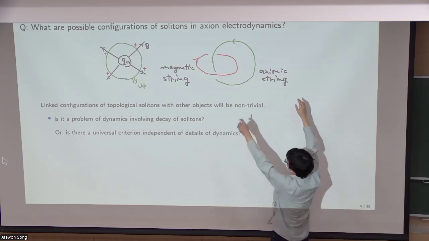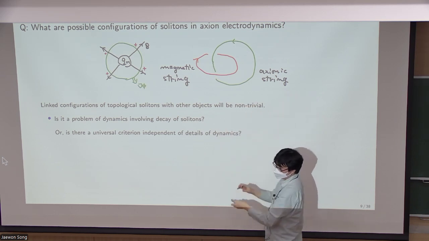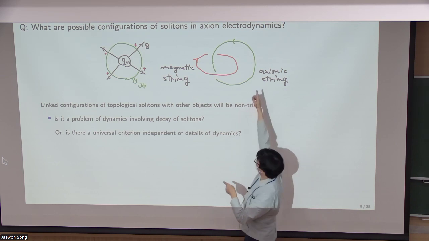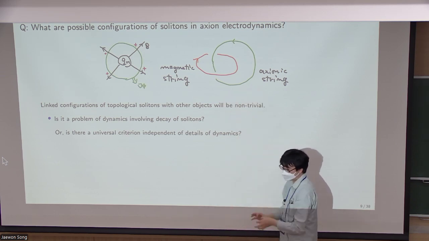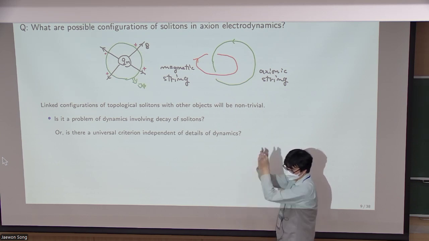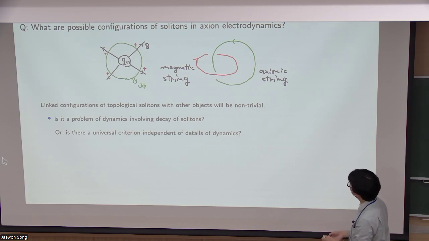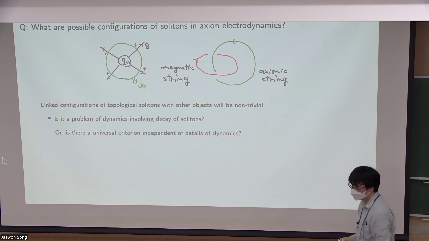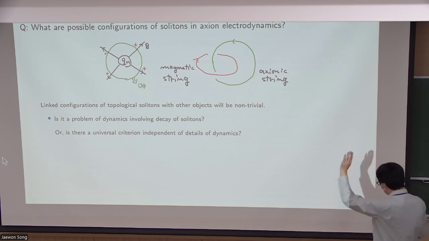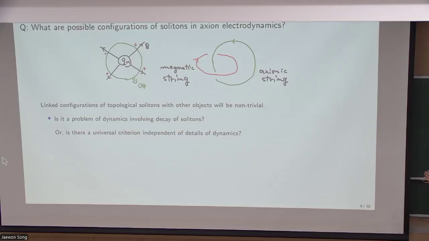So when we consider the time slice of this configuration, we have the link of one-dimensional objects in three dimensions. Yes. So then we just extend this configuration to the time direction. So this configuration has a topological meaning, I think.